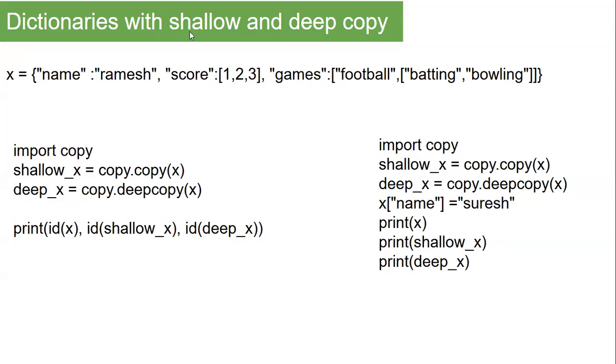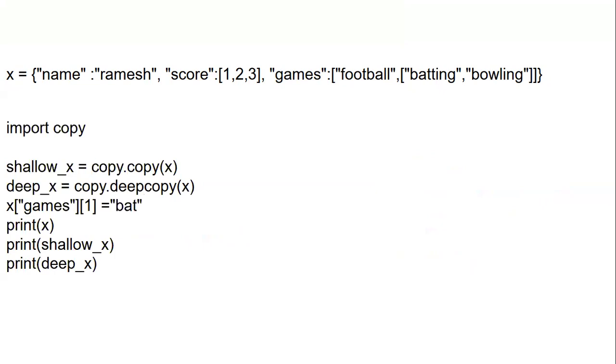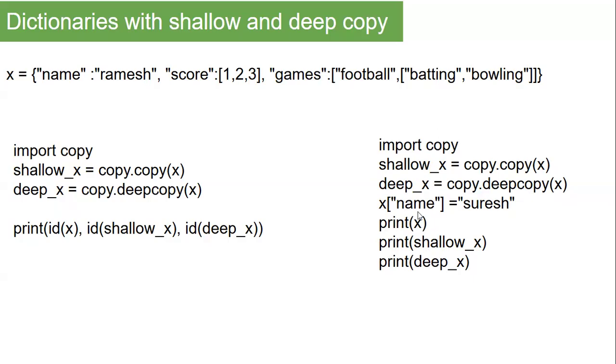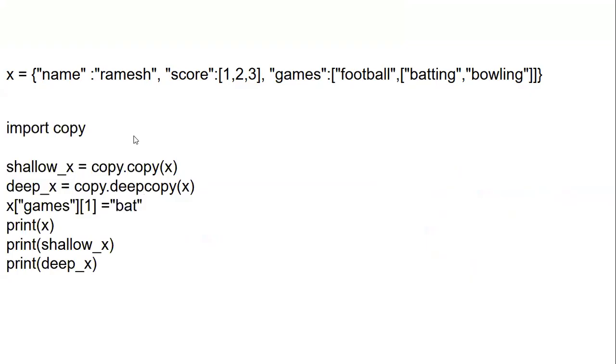Suresh will be updated in the original x, and in the remaining shallow x and deep x you won't get Suresh. You will get only Ramesh. Now you have to guess here. If you want, you can try to type and check. The address of x, shallow x and deep x is different.